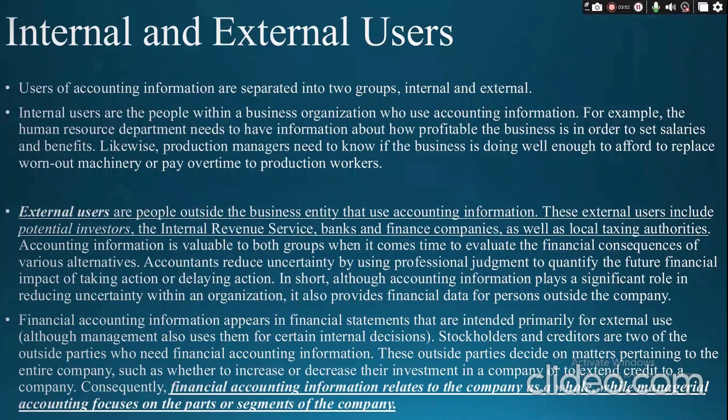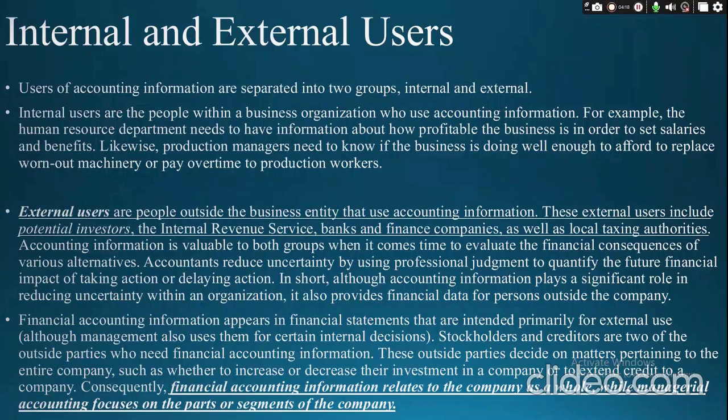External users are people outside the business entity that use accounting information. These external users include potential investors, the Internal Revenue Service, banks and finance companies, as well as local taxing authorities. Accounting information is valuable to both groups when it comes time to evaluate the financial consequences of various alternatives.